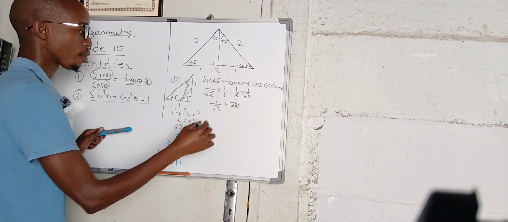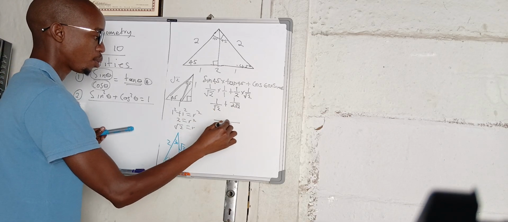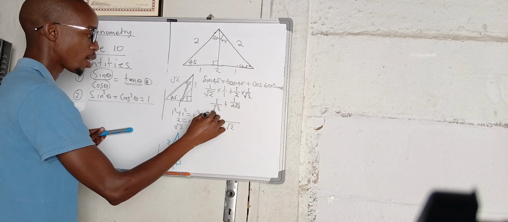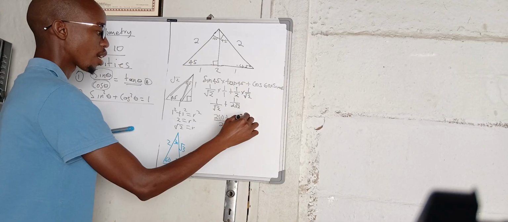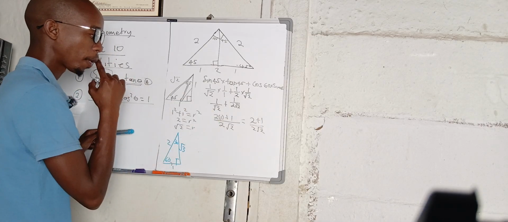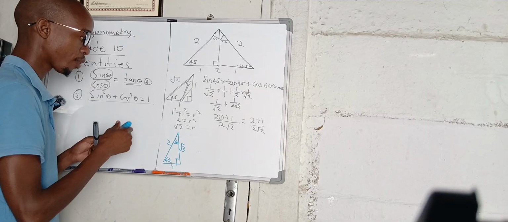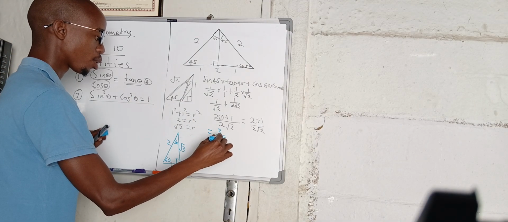And then again here, I'm going to take 2 root 2 as my common denominator. 2 root 2. And then here I'll be left with 2 multiplied by 1 plus here 1. What is it that I'm going to have? 2 plus 1 all over 2 root 2. And then in the numerator, I will end up having what? 3 all over 2 root 2.